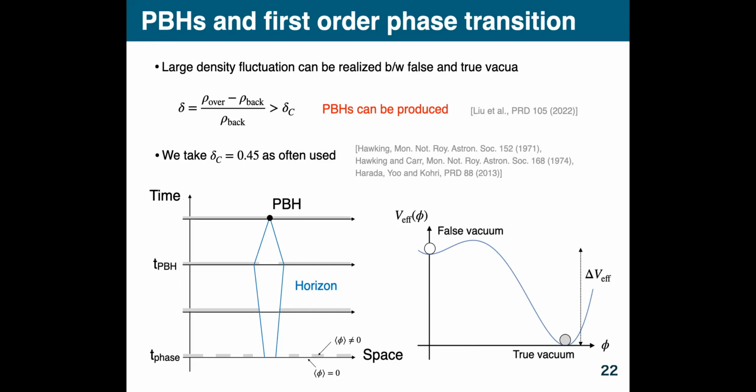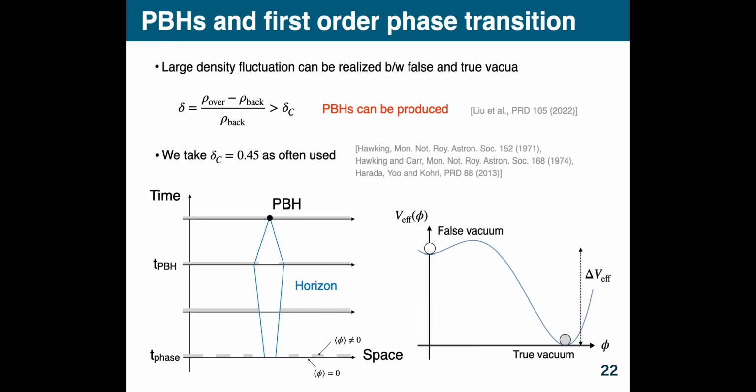Because in this white region, the vacuum energy is very large. In the false vacuum, which corresponds to this white region, there is a potential barrier, a difference between the potentials. Therefore, if such a situation is realized, then a large energy density fluctuation can be realized between the white region and the gray region.